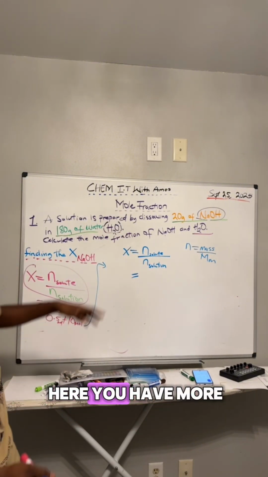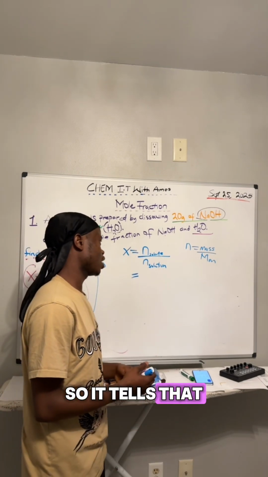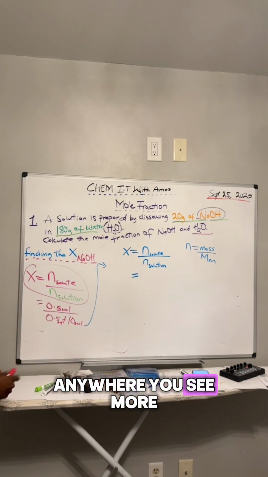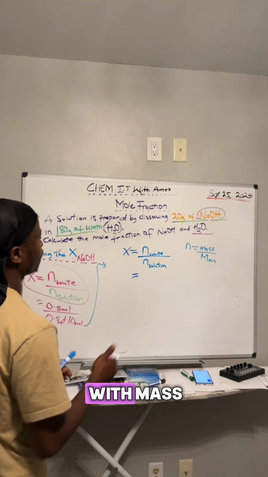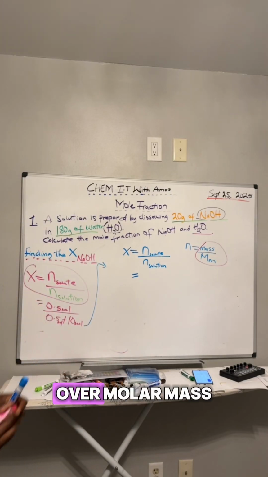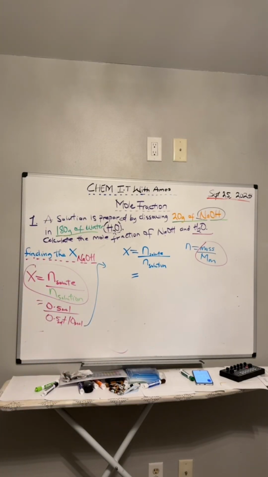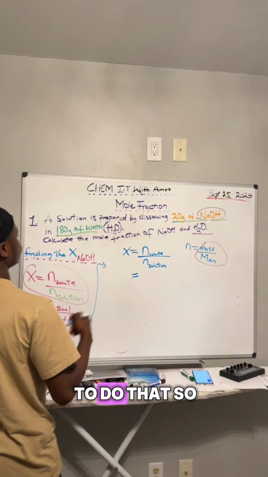And when you look here, you have mole right here. So it tells us that anywhere you see mole, you can replace it with mass over molar mass. Okay, so we can do that.